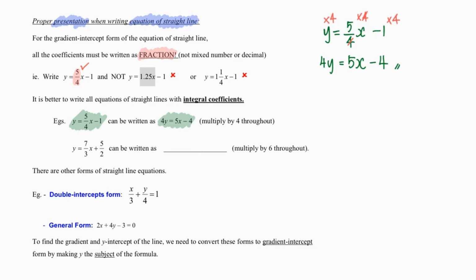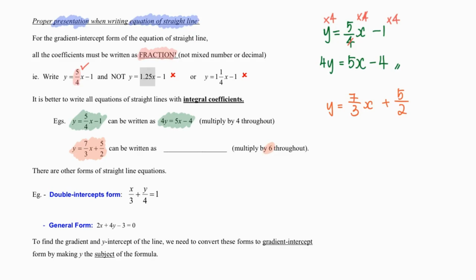Okay, I'm going to again see how this can be written without any denominators. So the working is at the side here. And I'm going to explain a little bit why in the notes we say multiply by 6 throughout.